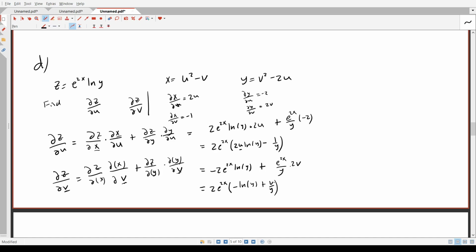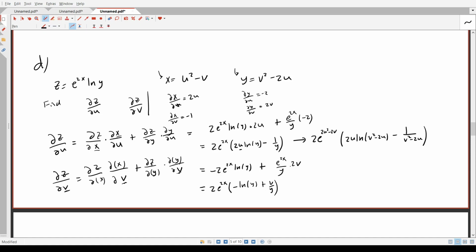The easiest way to do that is just to replace x and y with this right here. So here I'm going to have 2e to the 2u squared minus 2v, times 2u ln of y, which is v squared minus 2u, minus 1 over v squared minus 2u.